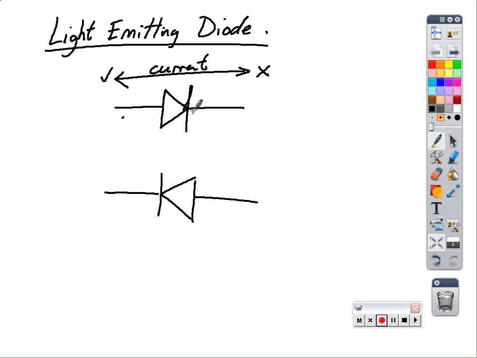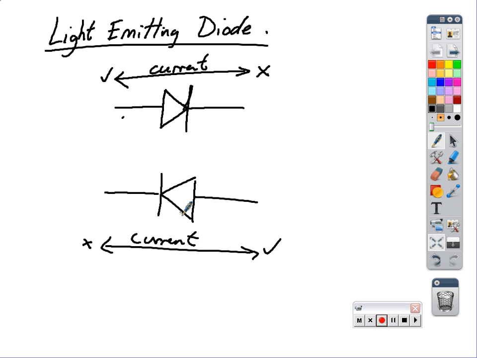What I sometimes think about is, think about this one, it's getting bigger and coming out the way. So it's allowed to get through that little gap and then get bigger. So in this diode here, the current can flow this way, but it can't flow this way. The arrow cannot get through the wall by going this way, it can go that way though.